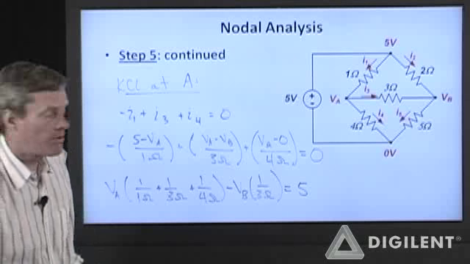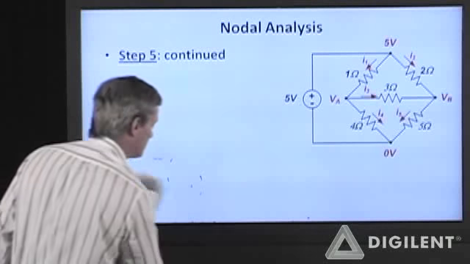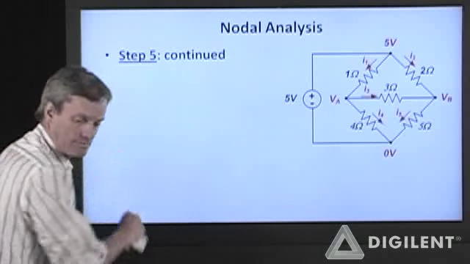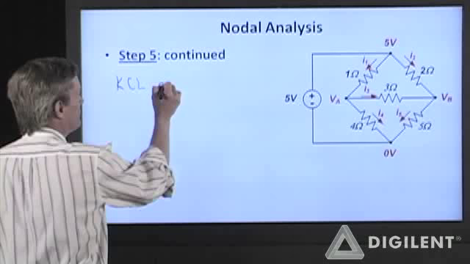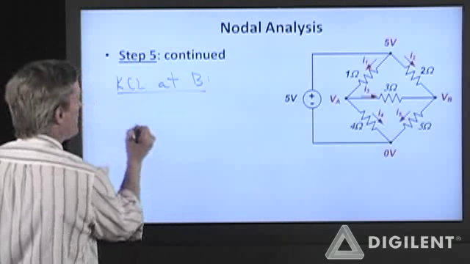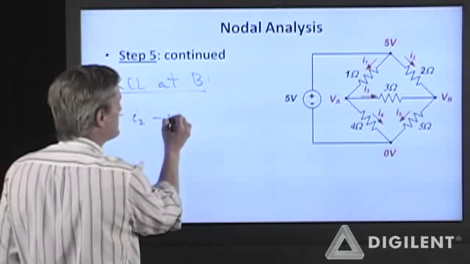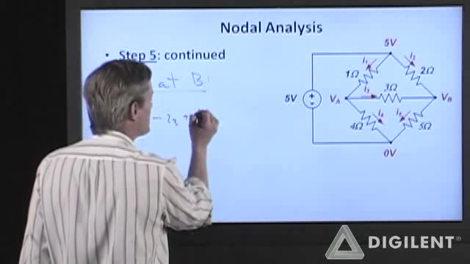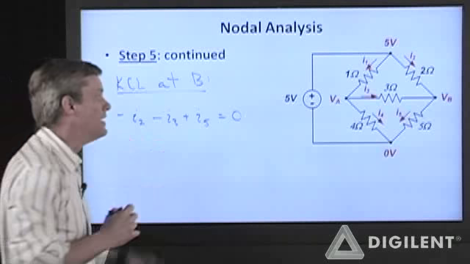Now let me do the same process for node B. KCL at B gave me a negative I2 minus I3 plus I5 equal to 0 was my previous result.